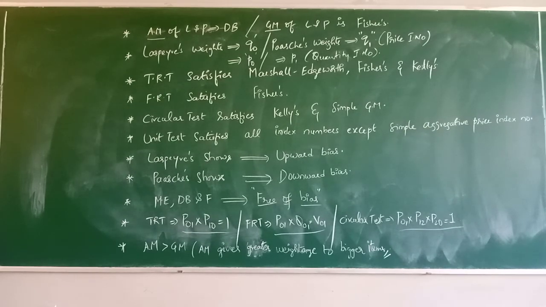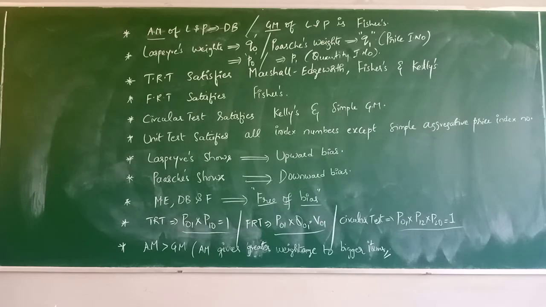Then what about free of bias? Marshall-Edgeworth, Drobisch and Fisher, all the three are free of bias, because Marshall, Drobisch and Fisher consider both base and current year quantities. Unlike Laspeyres, they don't depend on only a single year, and unlike Paasche, these three don't depend on only the current. Both base and current year quantities are being considered.